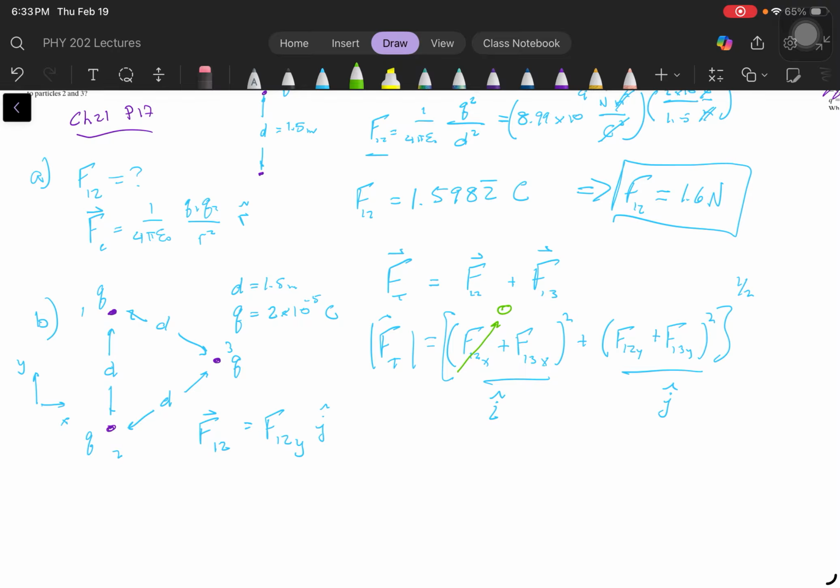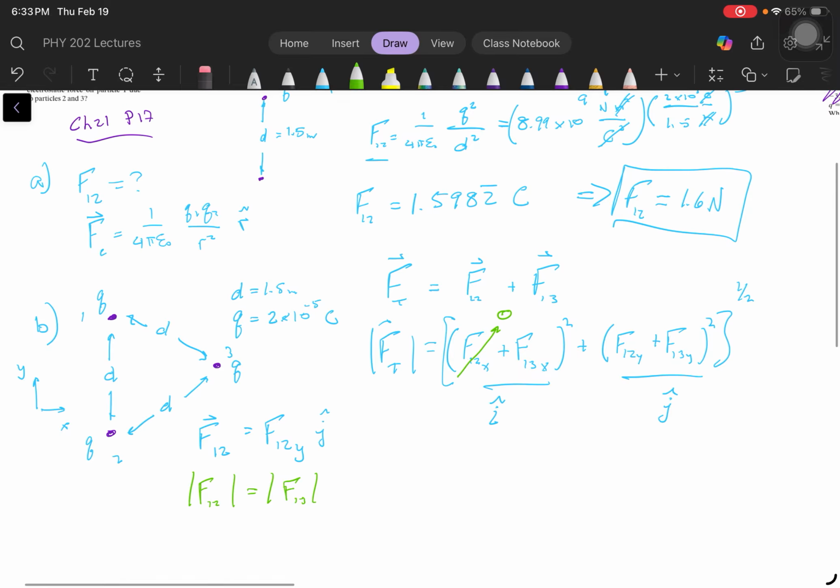Since we know F12 is going to be equal to the magnitude of F13, because they're separated the same distance and the same magnitudes of charge are involved in each, F13 is going to be pointing in this direction, along the line that connects the two. And since they have the same sign charge, it's going to be repulsive, and we point away.